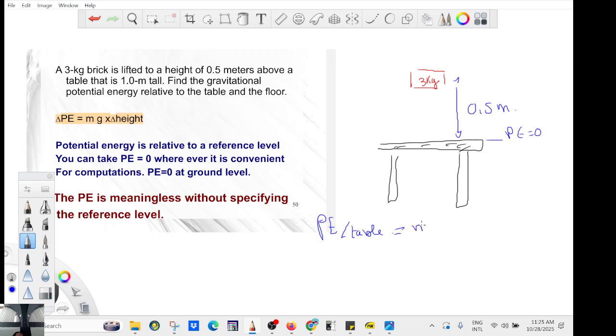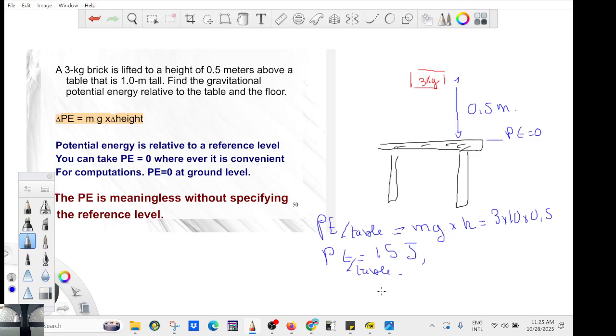It's going to be mgh, which is 0.5. So the mass 3 times 10 times 0.5. Do you agree? So it's going to be what? 15 joules. Okay, and it's relative to the table.